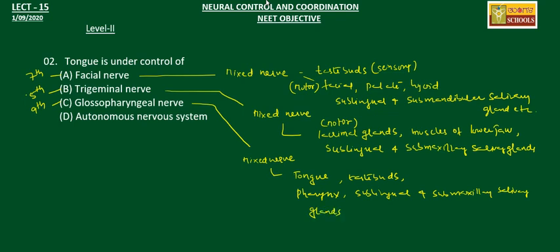The autonomic nervous system is different. Now here the right answer out of all four options is the glossopharyngeal nerve, which is supplied to the tongue. So option C is the right one.